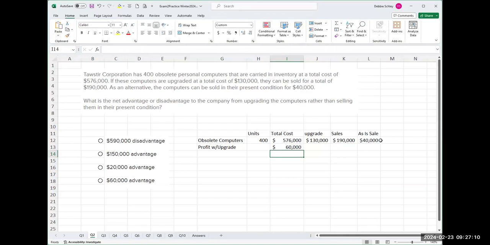So then I just have to look at the difference between if I upgrade what I'm going to make and if I sell them as is. So it's the upgrade minus the as is, and that is the advantage with an upgrade. So again, whenever you're talking about advantage or disadvantage, first you have to figure out what are the relevant costs or numbers. So that's the $20,000 advantage.